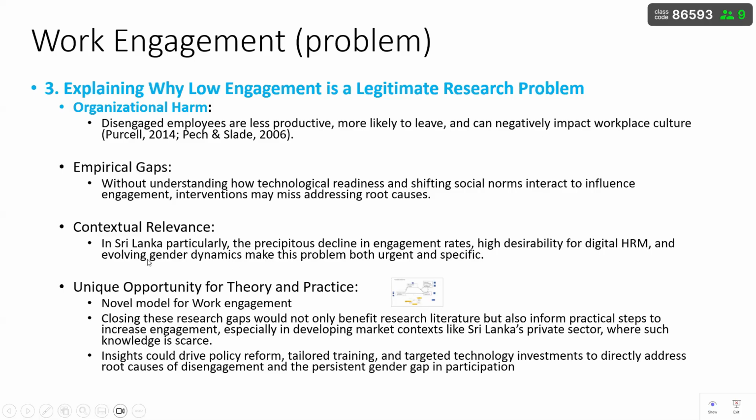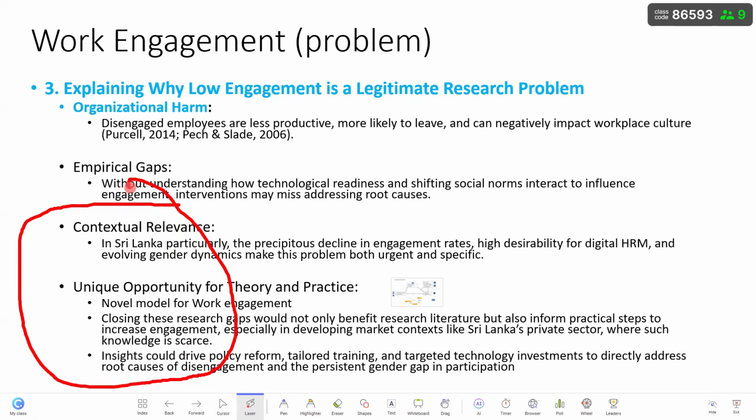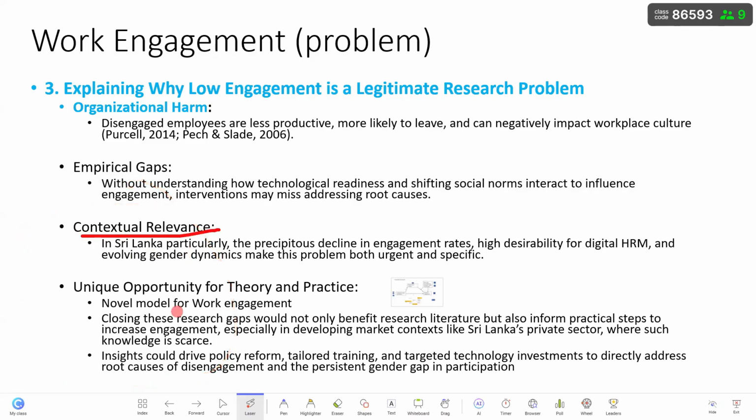Then contextual relevance. In Sri Lanka, particularly, apart from these two, as I said earlier, apart from the gaps and the reality, you need to highlight these two things as well in the problem: contextual relevance and how it is an opportunity for theory and practice, right?